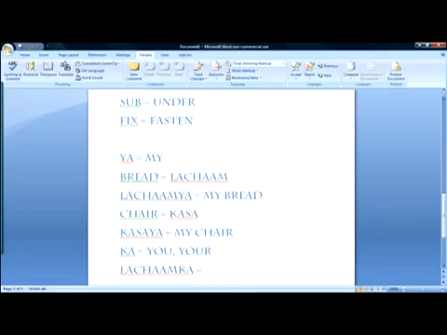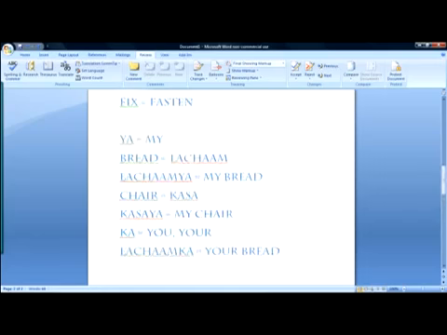Literally means your bread. The word kasa ka would be your chair, and that's what you do for every word. So anytime you see the ka at the end of a word, which is a suffix, that makes it you or your.